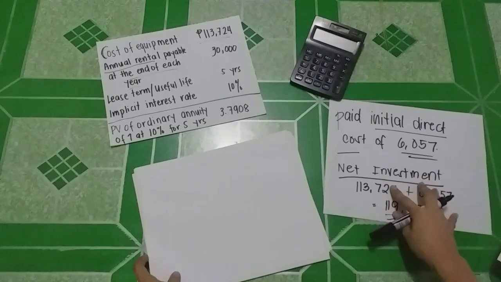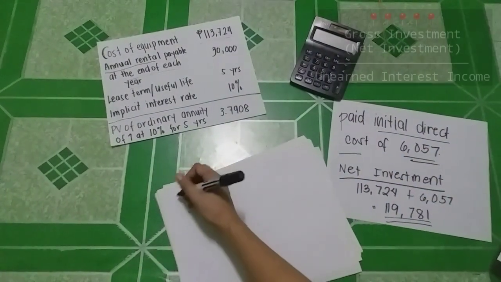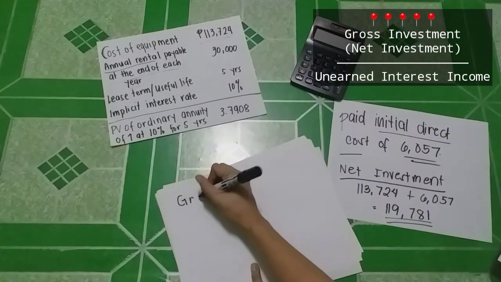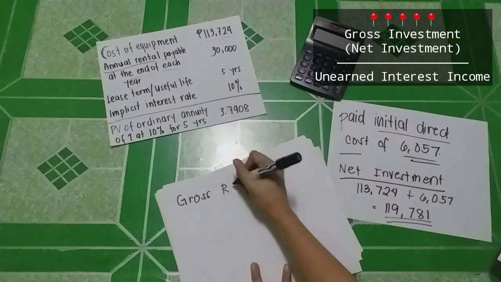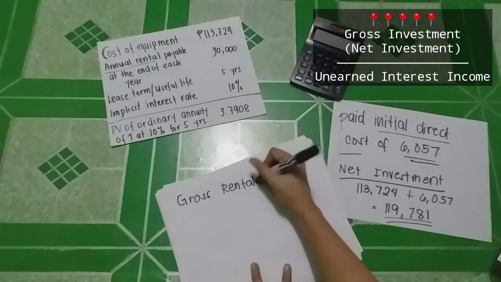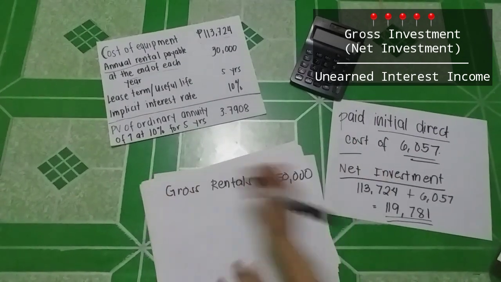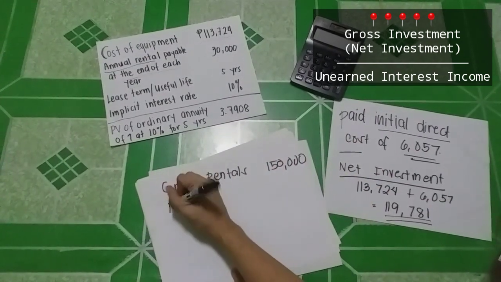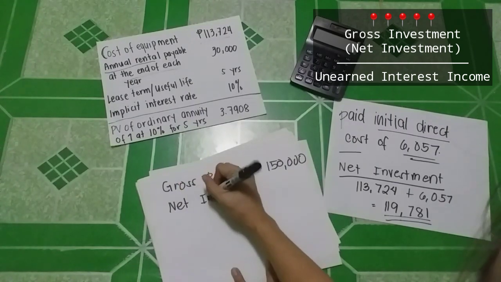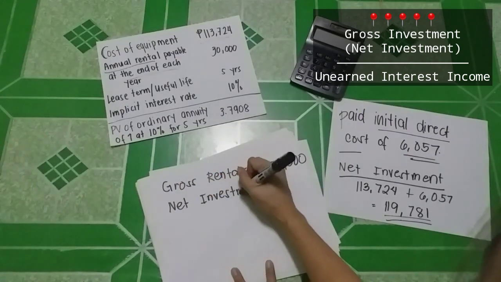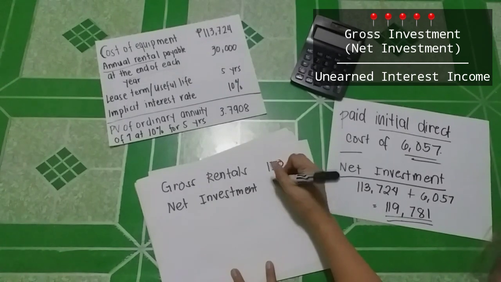So, to get the unearned interest income, we should determine the gross rentals, which is computed a while ago as 150,000. Deduct the net investment of 119,781.